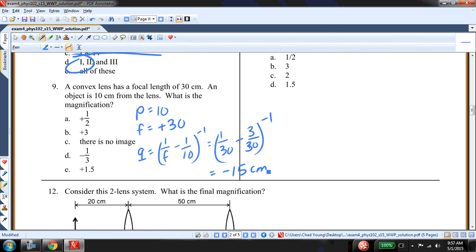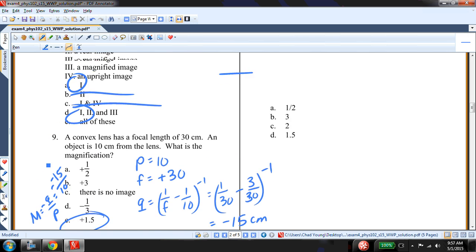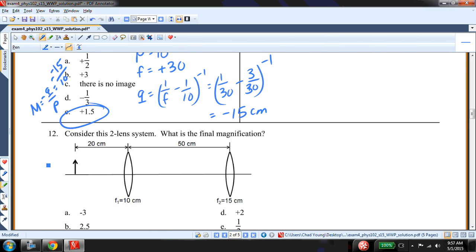So that's my Q. And now I want to find my magnification. That's negative Q over P, negative 15 over 10, which is positive 1.5. You could have looked at this. Well, no, never mind. Number 10, you have this double lens problem.